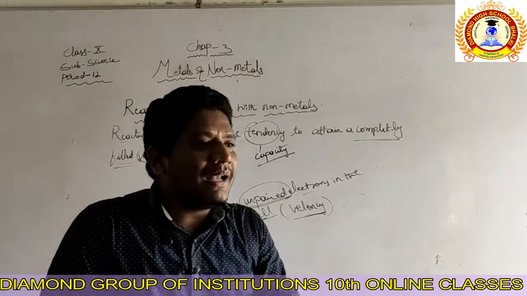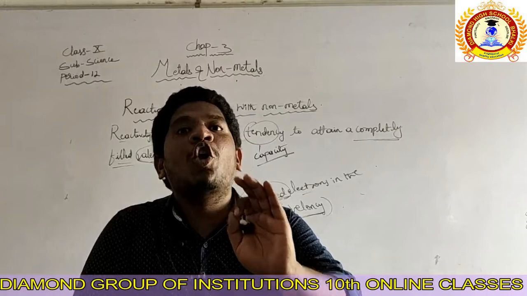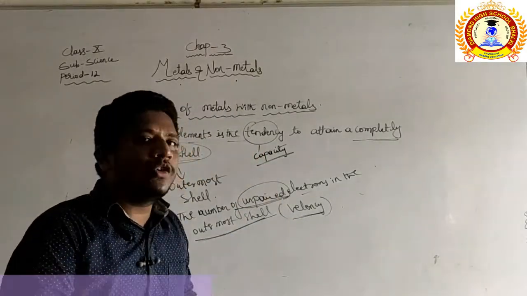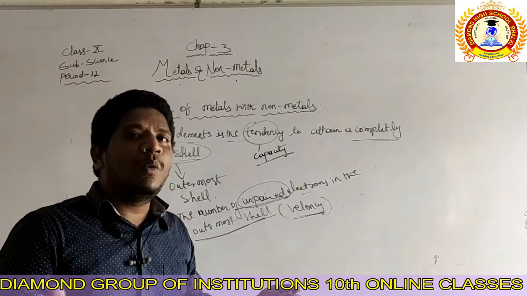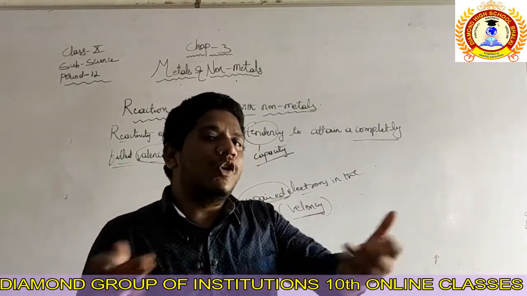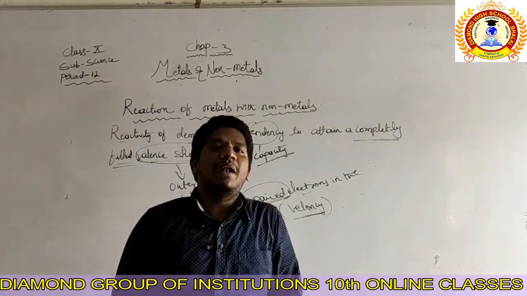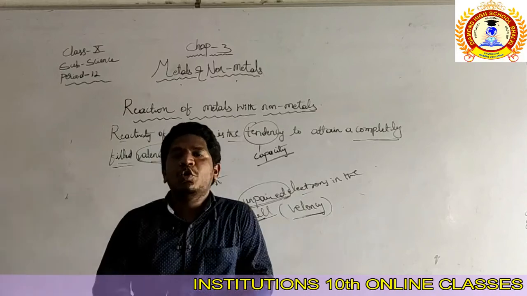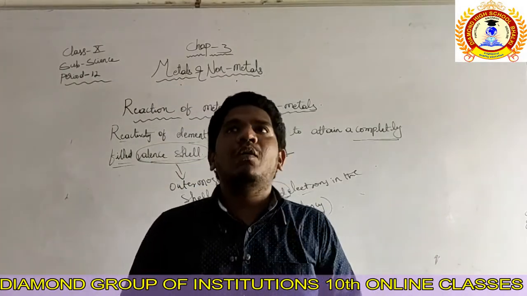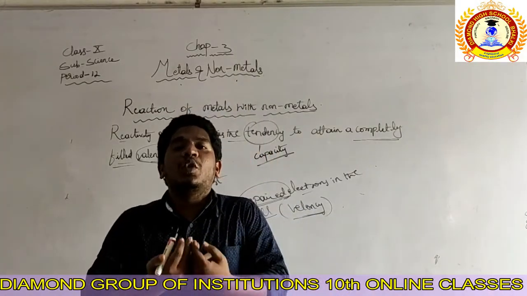If any metal or any element is stable in nature, it is called non-reactive, right? If hydrogen and oxygen were stable, there would be no possibility of having water. They are unstable, that is the reason they react with each other. Are you understanding? If I am stable, I have everything, then no need to do the work here, right? Because we all are unstable, the whole world is unstable, that is the reason we work to become stable.